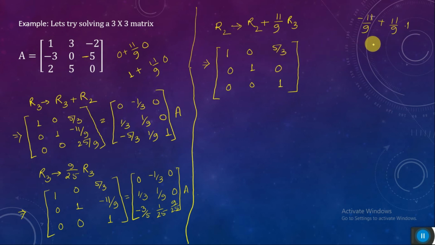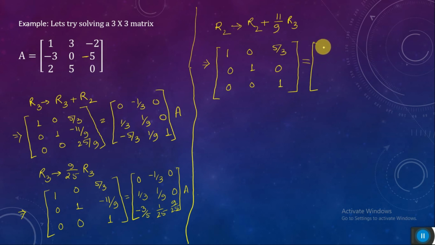This will make it 0. Understand? So let's see now, the main change happens here. This will give us the real matrix. So we are focused on this.